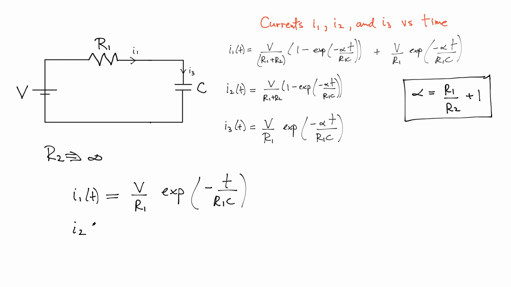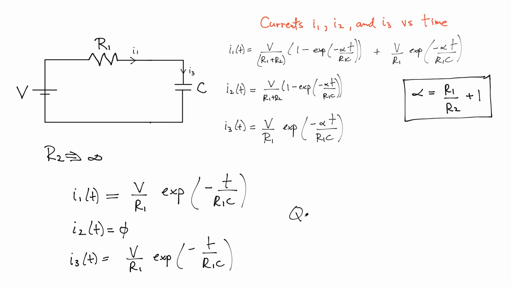I2, on the other hand, has to be equal to 0. If the resistance is very, very big, there won't be any current flowing through there. And I3, on the other hand, has to be the same thing as I1. And we're left with our standard expression for the currents.